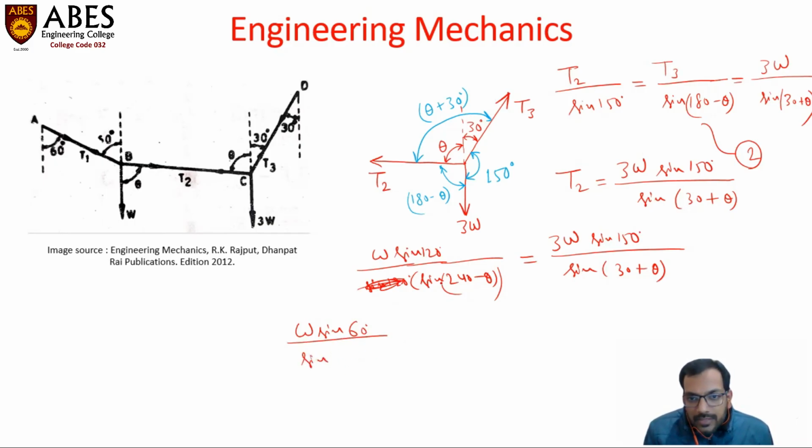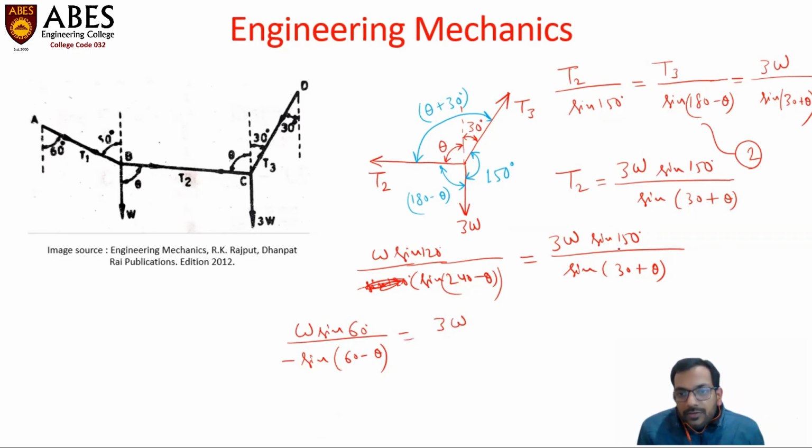Now look at this, sine 240 minus theta. This can be written as sine 180 plus 60 minus theta. And what is sine 180 plus theta? Sine 180 plus theta is minus sine theta. So we can write this value like this: minus sine 60 minus theta is equal to 3W.